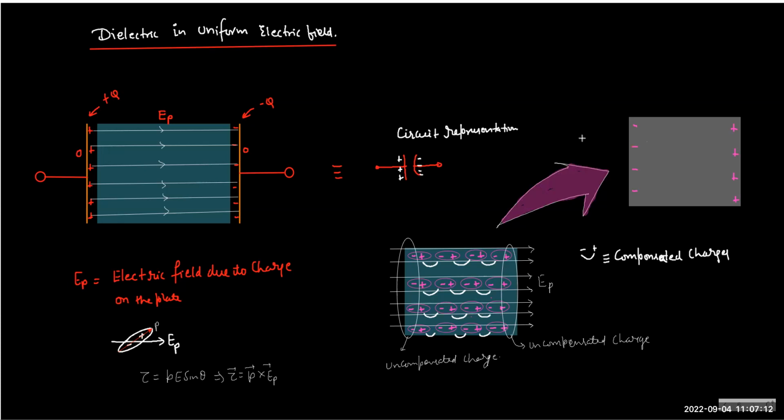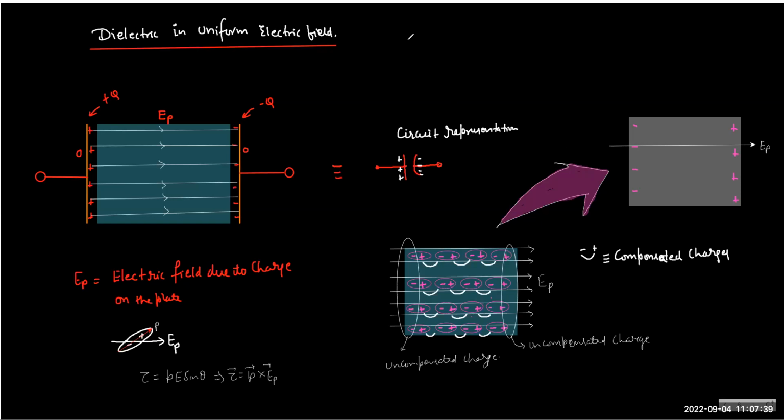So apart from the applied field, if I draw the fields one by one, this was the field we already had, the field of the plate. But this plus charge and this minus charge, which are equal and opposite, this charge layer will internally create its own electric field, isn't it?